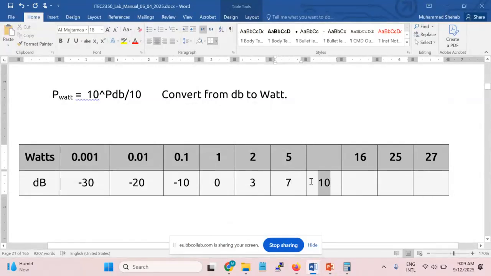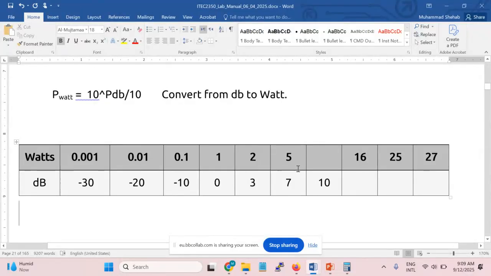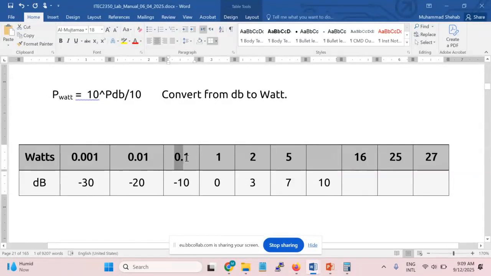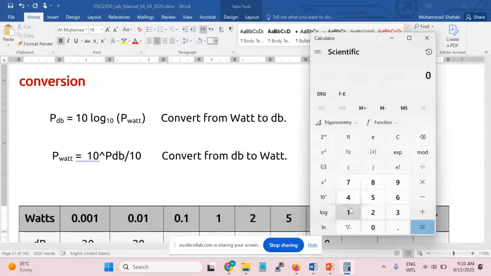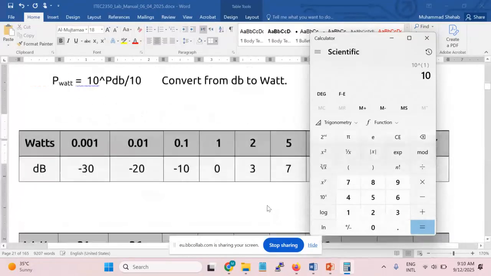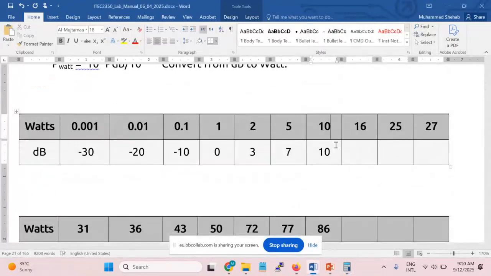Let us calculate this one. 10 in dB, how much does it equal in watt? We have calculated minus 10. How much did we get in watt? 0.1. So minus 10 dB equals 0.1. For 10 dB, let us calculate: 10 in dB divided by 10 is 1. 10 power 1 equals 10.